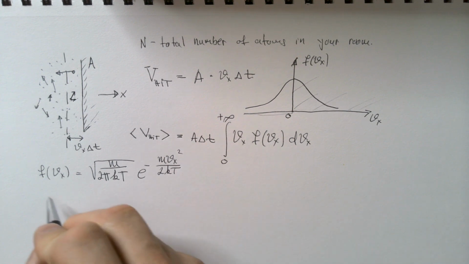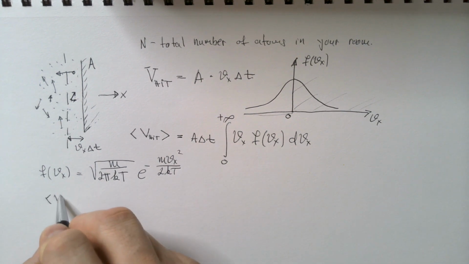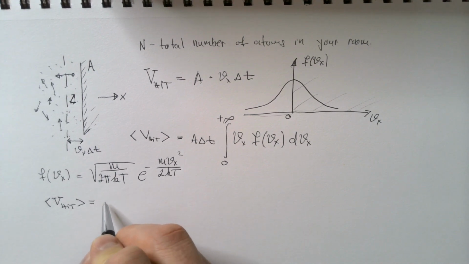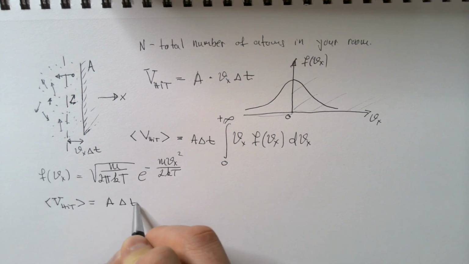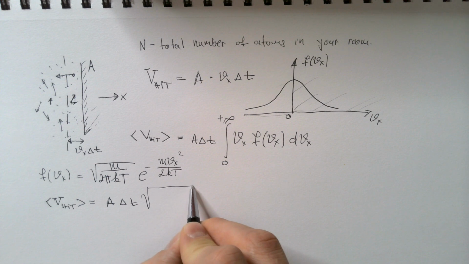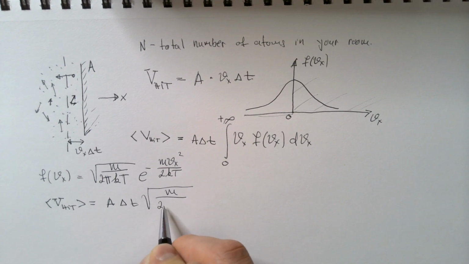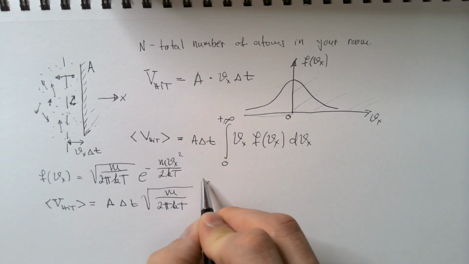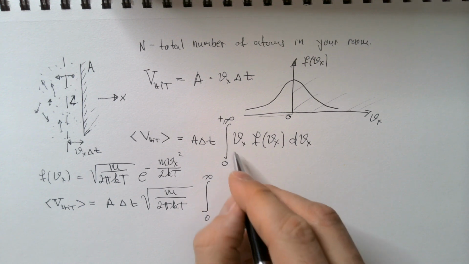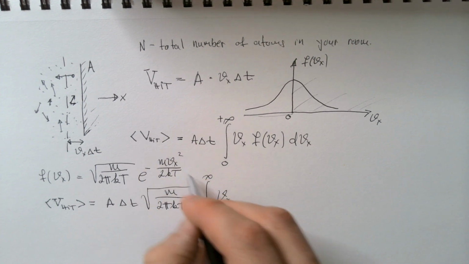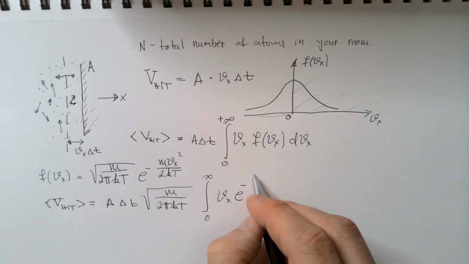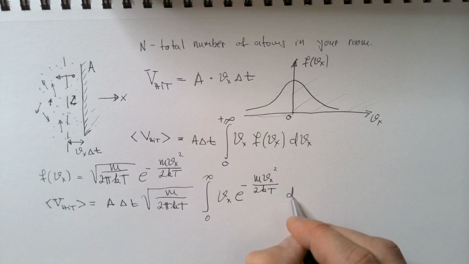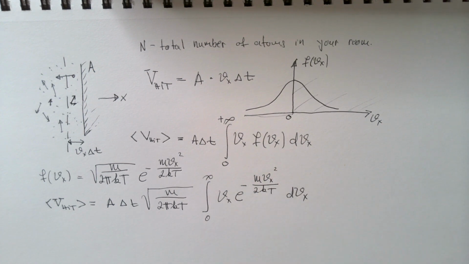Combining this, we get that the average volume of the hit is equal to A times delta T times this constant, square root of m divided by 2 pi kT, times the integral between 0 and positive infinity of Vx times the exponential term e to the negative m Vx squared divided by 2kT dVx. How does one solve this integral?